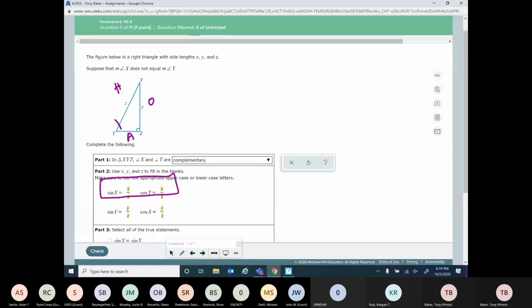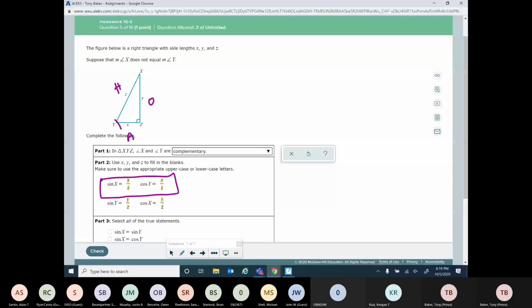If you think about it in terms of the unit circle, sine of 30 is the same as cosine of 60. And this is why sine of 45 and cosine of 45 are exactly the same. Those values are the same because they're complementary. We can see that even on the unit circle as we go around.